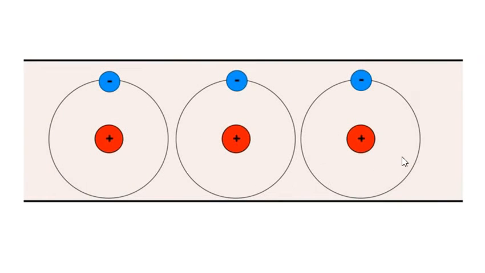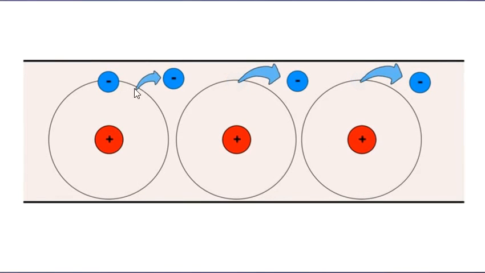Electricity is when you have different atoms together, when you're able to force the electron to jump from one atom to another. Okay, this is what we call electricity. It is the flow of electrons, as I say, jumping from one atom to another.